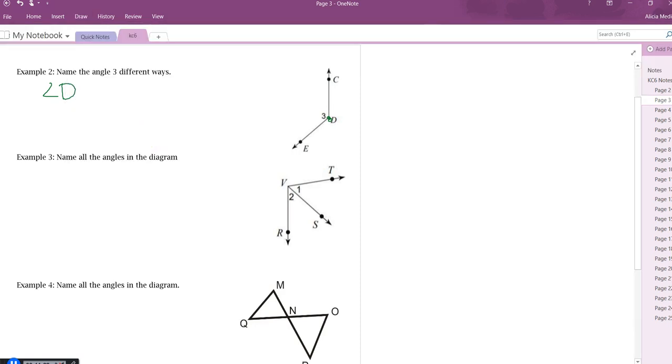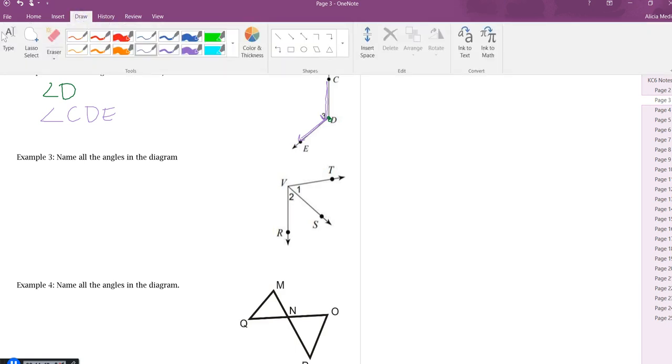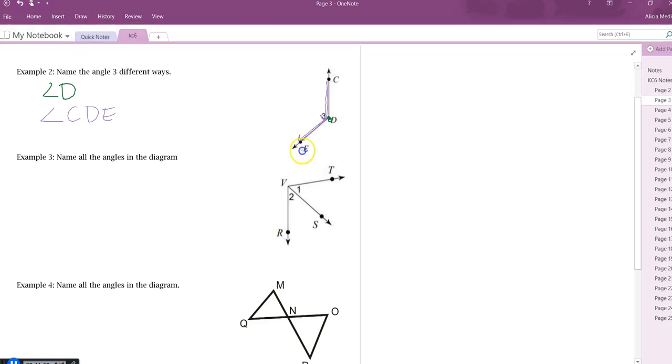So I'm gonna go in order from C to D, and then from D to E. So this would be angle CDE. Again, moving down in this direction, then going this way. You could have also went the other direction. So I'm just gonna switch up the color. And I'm gonna say, well, we could go from E to D, and then D to C. E, D, C. Again, you have to go in the order of the lines and how they are connected.